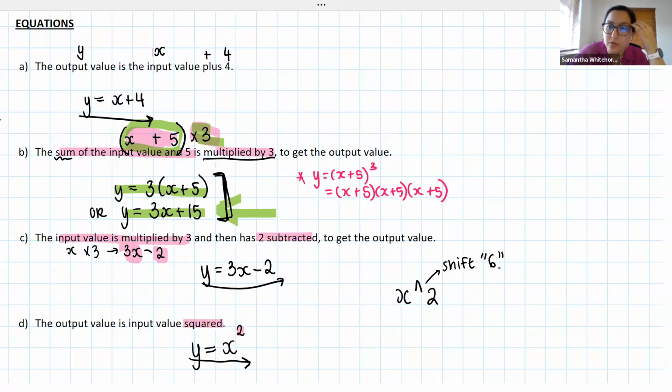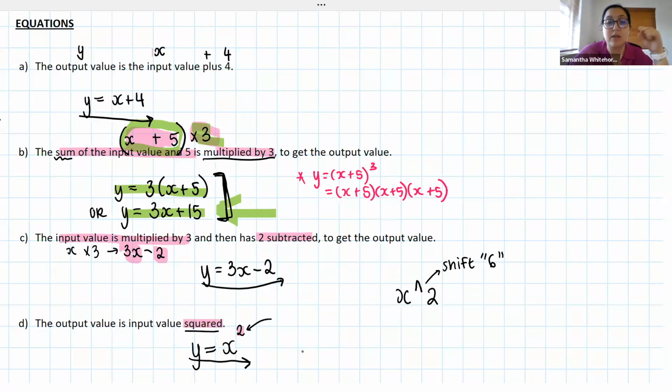Don't we also... Ma'am, don't we get the 3 also? Okay, I think I might have misunderstood something. Guys, your exponent can be any number. The phrase squared means 2.